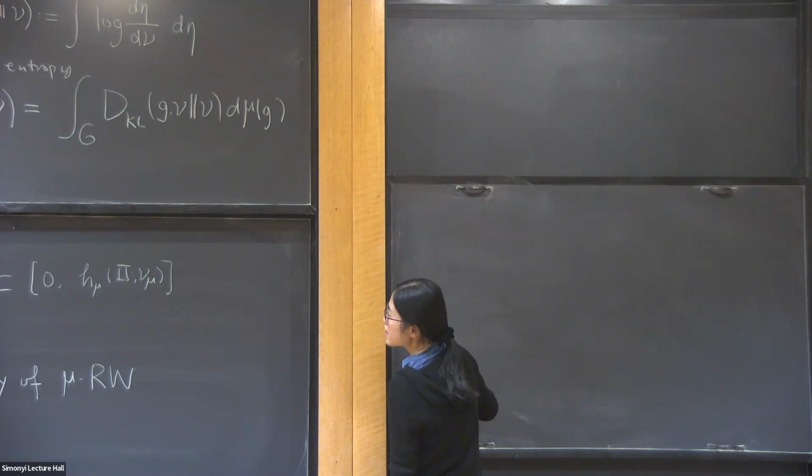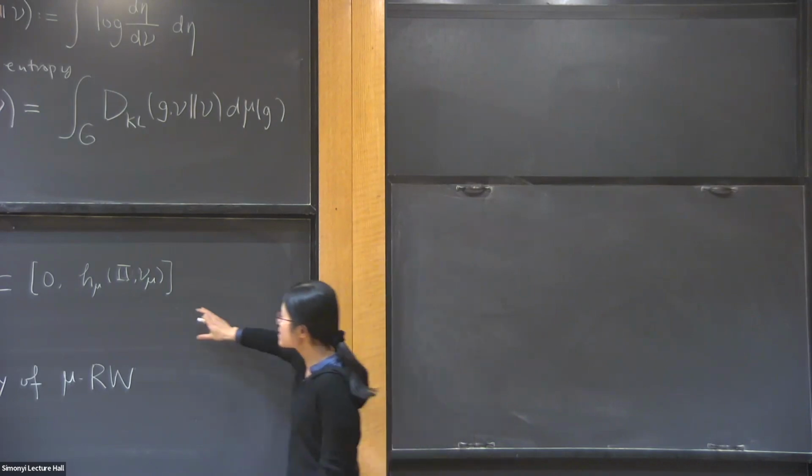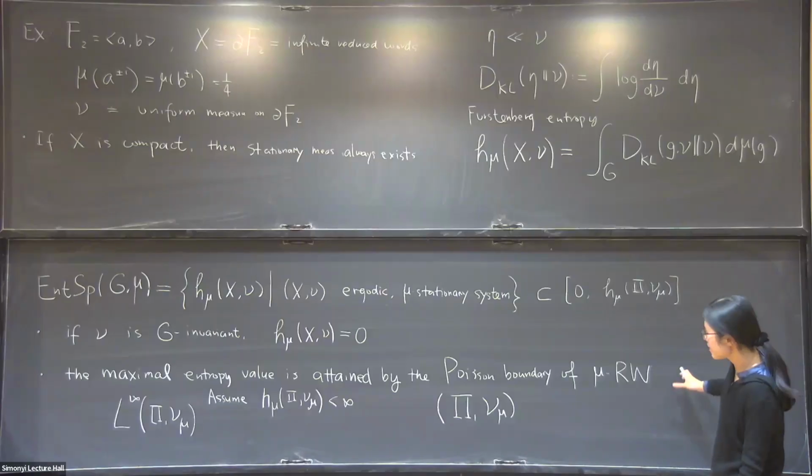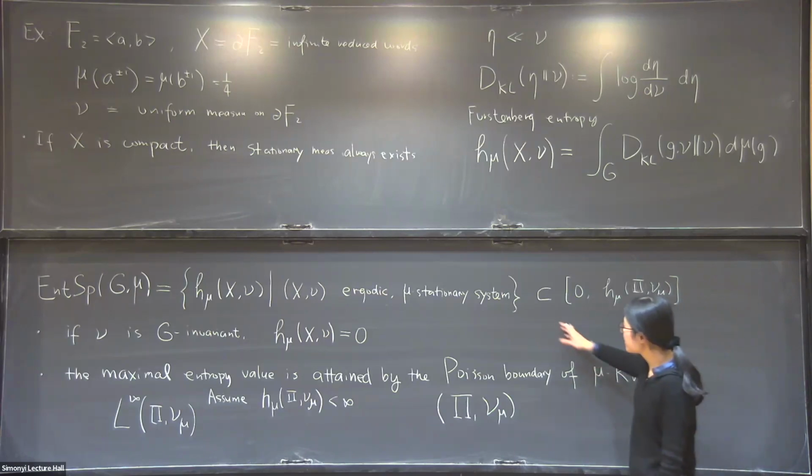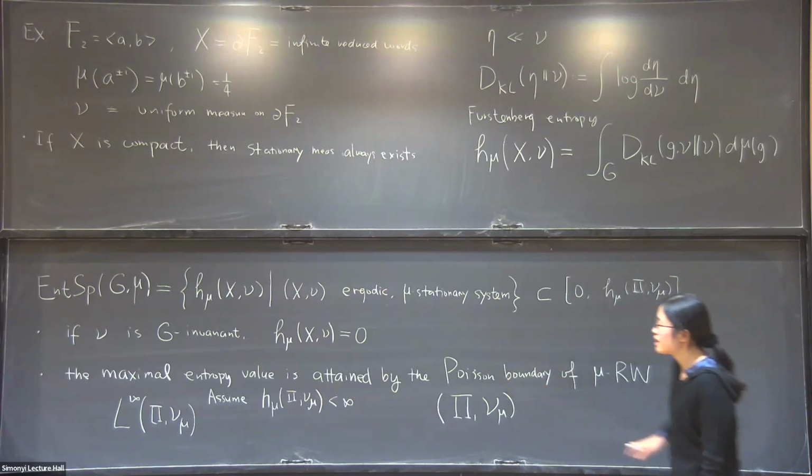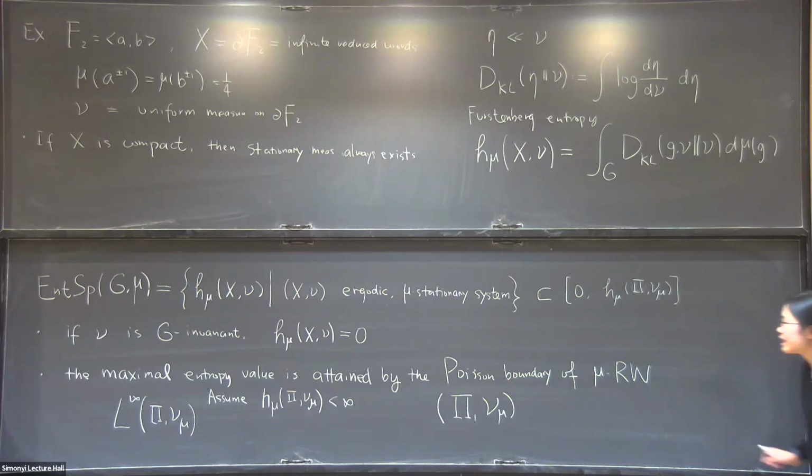One of the first results is by Louis Bowen. So this type of questions were considered in the work of Nevo-Zimmer back in the late 90s into early 2000s. It comes out of their systematic investigation into the structure of stationary systems. So we'll get back to this later. The first complete result was due to Louis Bowen.